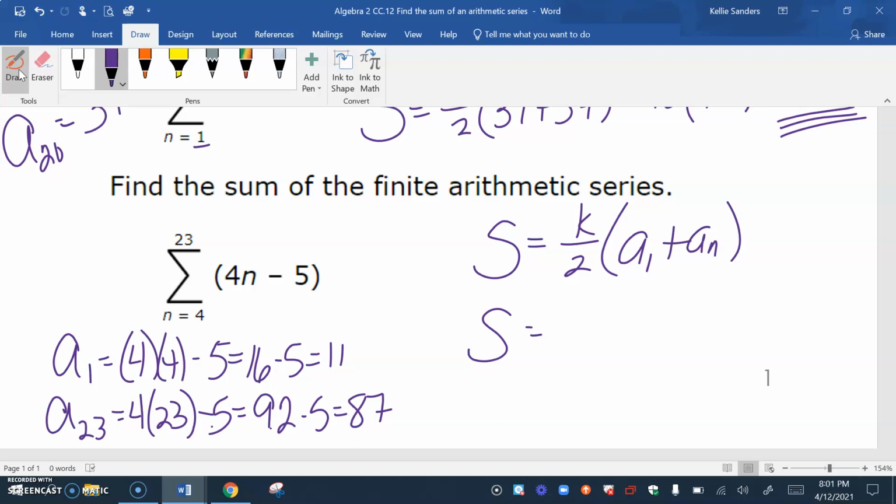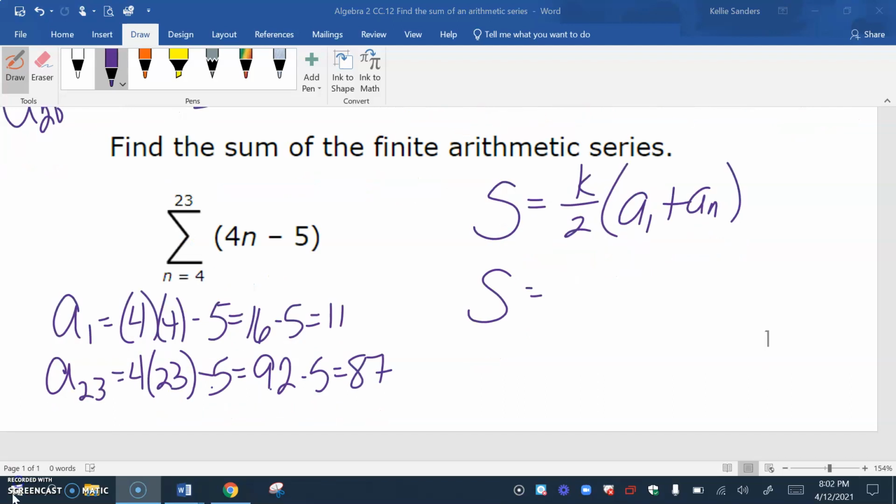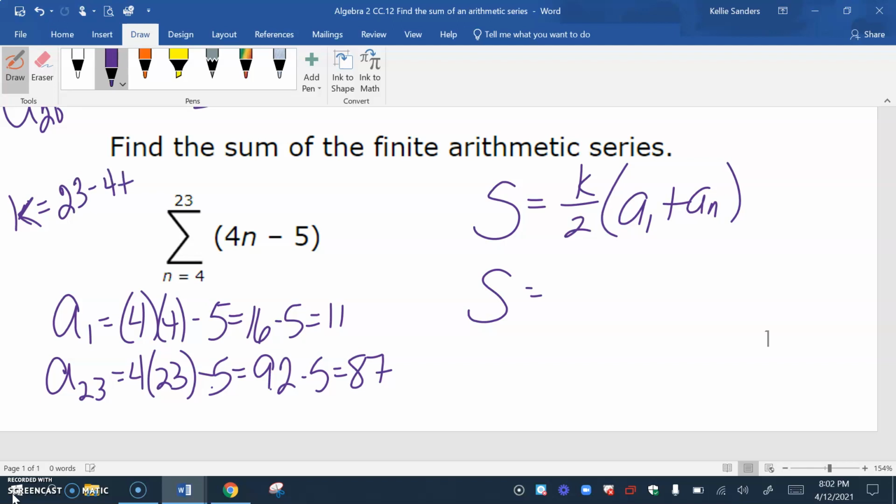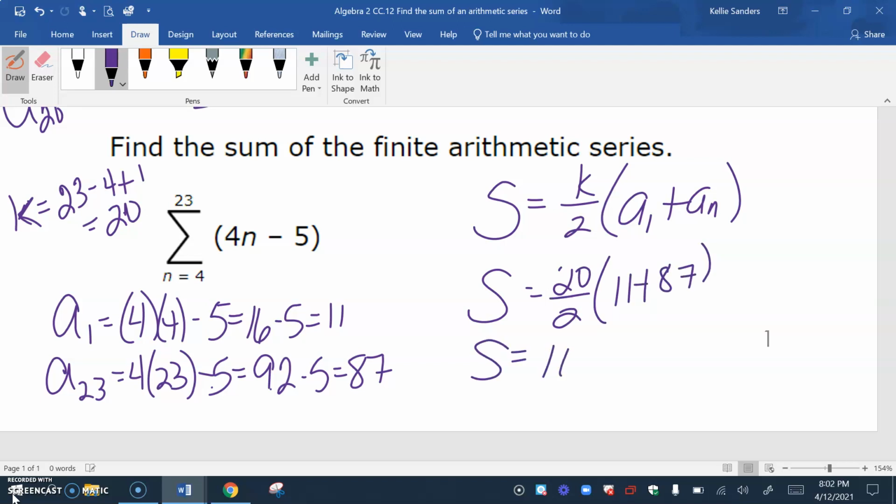If we start at 4 and go to 23, so what you could do, if you don't really get it, you would take your top number minus your bottom number and add 1 to it. So that would be 20. So 20 over 2, 11 plus 87, 10, 98, so 980.